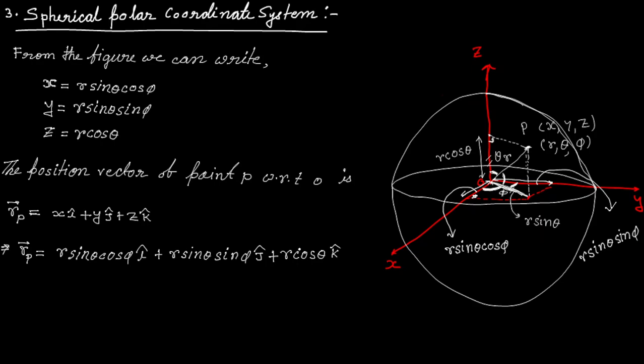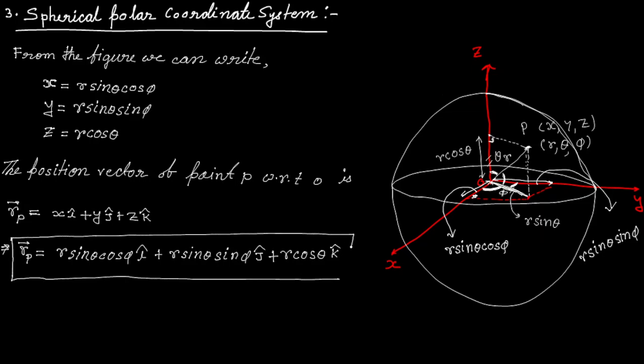theta, phi. Okay. So once we know the position vector of point P in terms of spherical polar coordinates r, theta, phi, next we will define a unit vector associated with each variable. In the last class I already told that in any coordinate system, if the position vector is a function of n variables, then we can define n number of unit vectors associated with each variable.